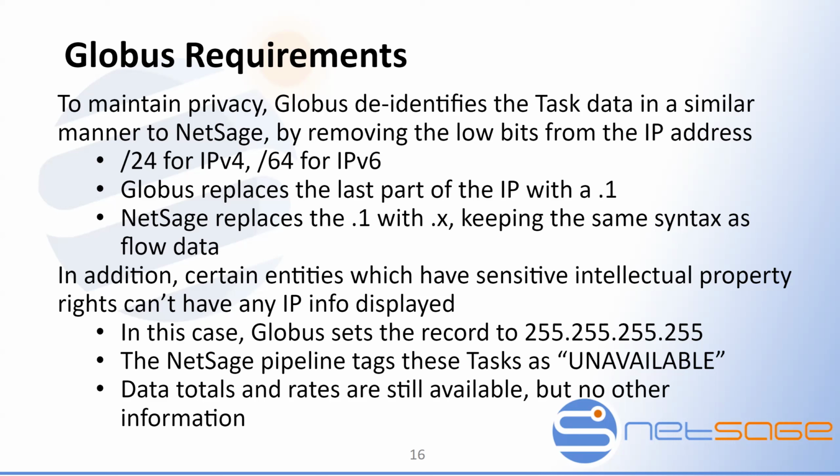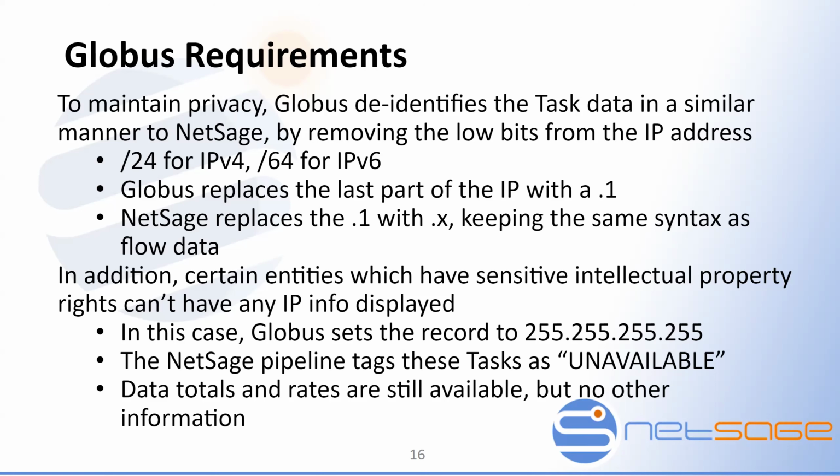So whatever the first 3 octets are, leave them alone and just give us a .1. And then when we run it through our pipeline, it looks like a valid IP address, and our pipeline does what it normally does. It replaces the last part of the IP address with a .x. So you'll see that when we're looking at flow data or Globus data later. So it's already pre-de-identified, and then we re-de-identify it just to make the pipeline work.